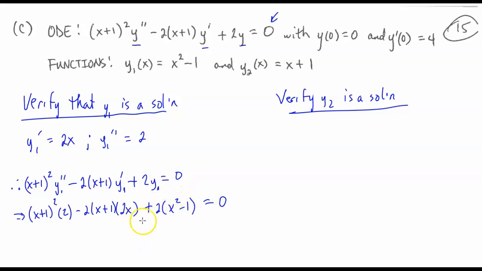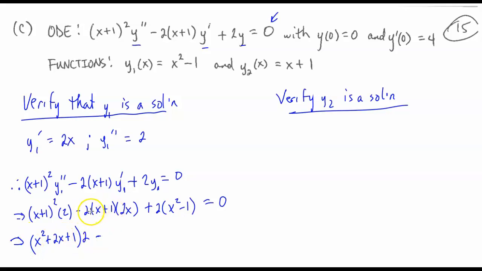And so now we just need to work this all out. Make sure that the left side is equal to 0 there. So here, I think I probably need to just multiply all this out. This (x plus 1) quantity squared is just going to be x squared plus 2x plus 1, and all that multiplied times 2.